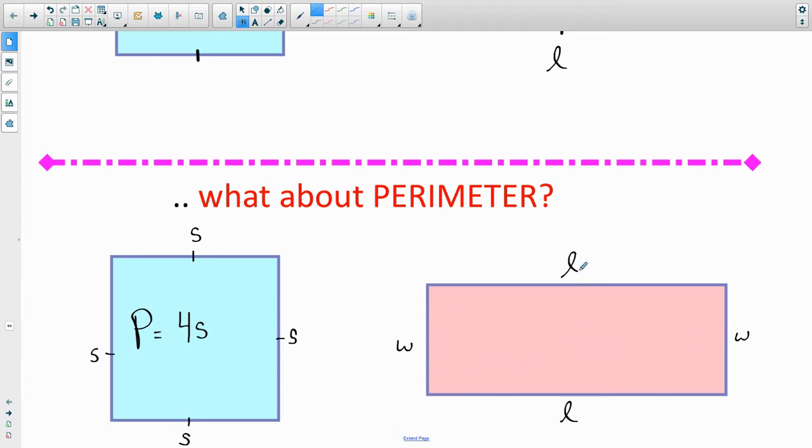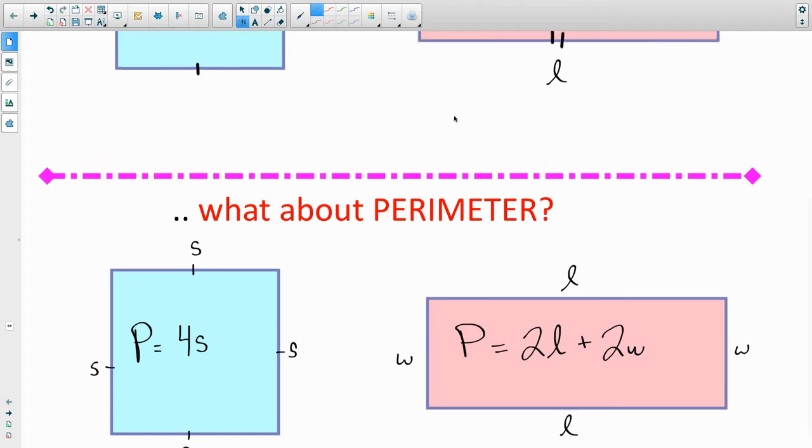And now if we go around in a circle and start adding things up, we're going to get L plus W plus L plus W. Then we're going to add all the L's together, and we're going to add all the W's together, and we're going to get the formula for the perimeter of a rectangle: 2 L's when we add L plus L, plus 2 W's, W plus W. And there's our formula for the perimeter of a rectangle.